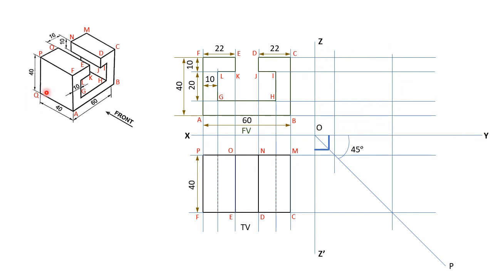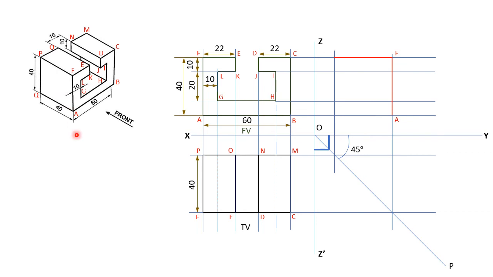Now if we look at the object from the side, we will see that the side consists of a flat surface which represents a square of 40 by 40 unit, that is PFAQ. So this is one edge of 40 dimension, and this represents FA.